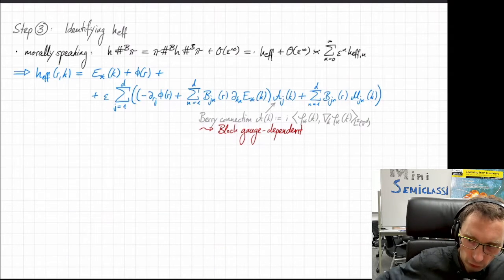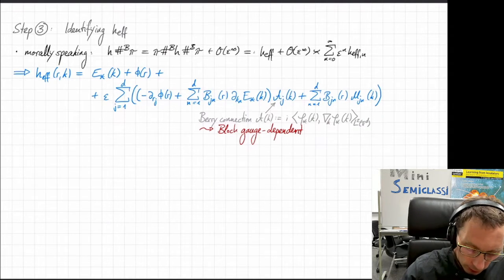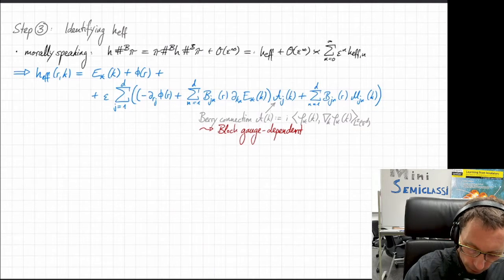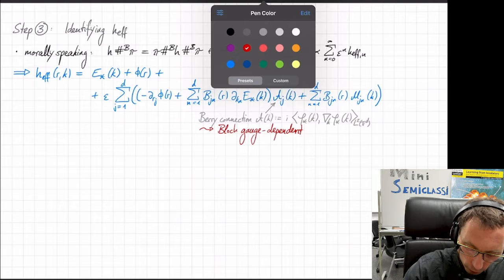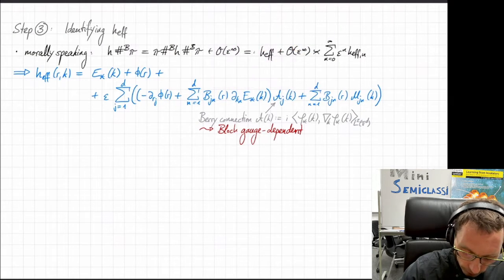So this term is gauge dependent. And the term M, that's the so-called Rammal-Wilkinson term. So let me just write it out.